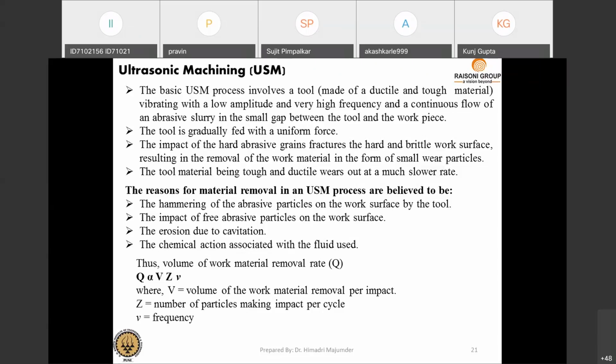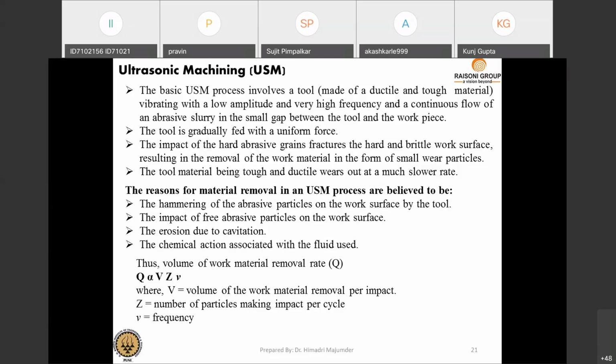So during the process, due to the combination of abrasive slurry and vibration, the indentation will take place. And during the indentation through the abrasive grit, the material will slowly be removed from the workpiece material. The tool is gradually fed with a uniform force, so you are always providing a uniform force.